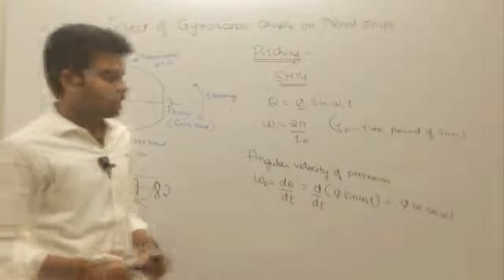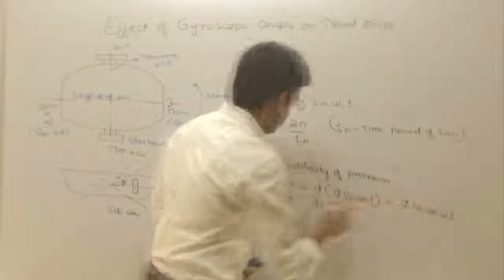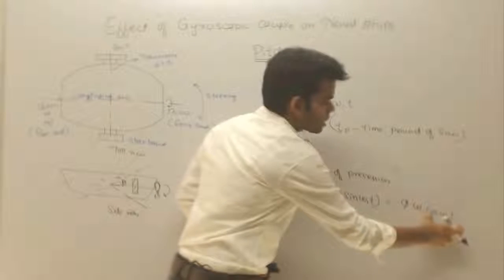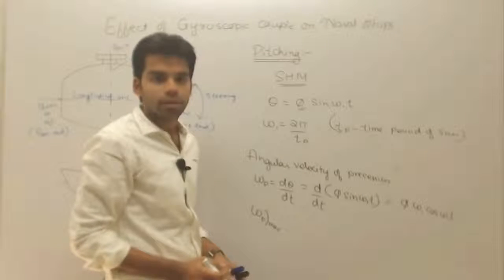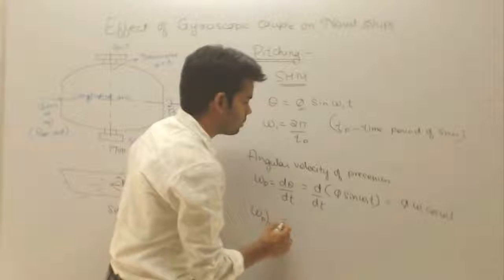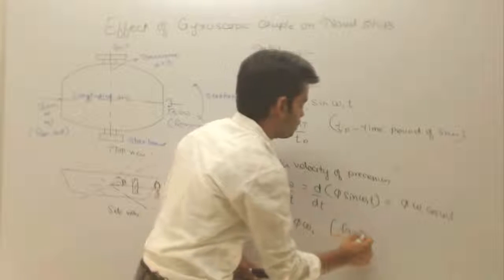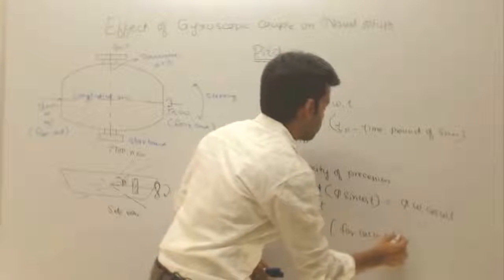Getting this or not? Now, what will be the maximum value of this omega p? Omega p will be maximum when cos of omega 1t is equal to 1. So omega p maximum will be equal to phi into omega 1 for cos omega 1t equal to 1.